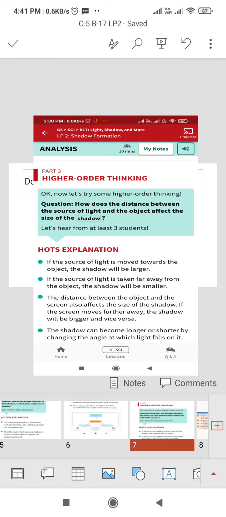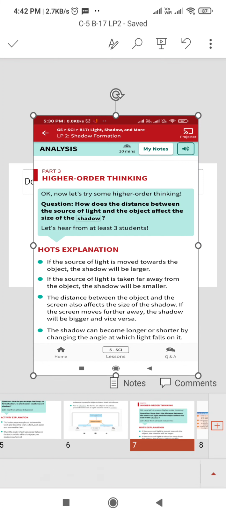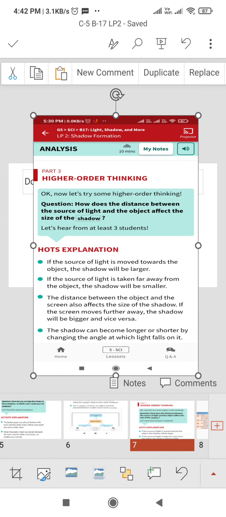Similarly, the distance between object and screen that also affect the size of shadow. If screen moves further away, the shadow will be big or vice versa. The shadow can become longer or shorter by changing the angles at which the light falls on them.